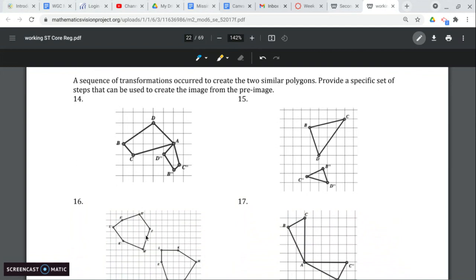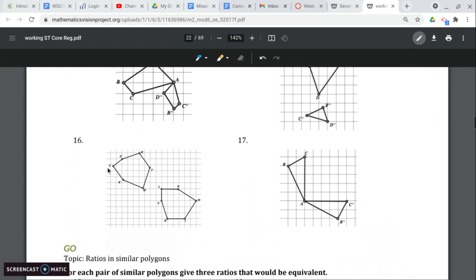So we're going to look at number 16. So for 16, here we have these two polygons. So in order to take, let's see, this is our original to our new one. Sometimes figuring out translations, there's easier ways than saying how much you're going up and over when you have both figures. So we're going to translate all of this L to L prime.